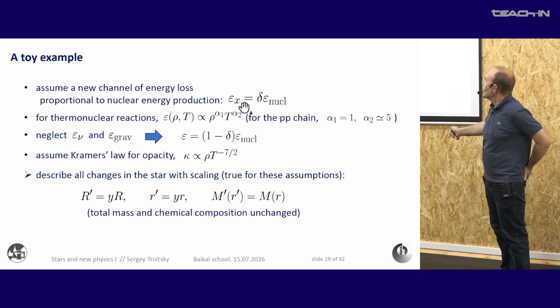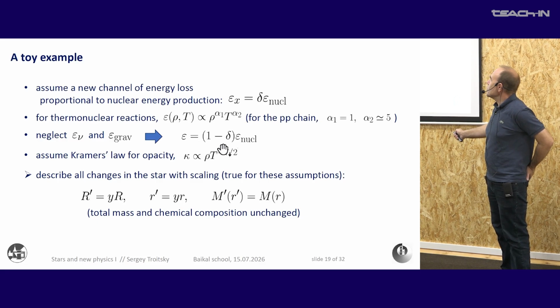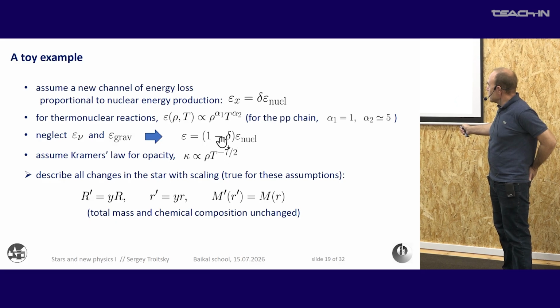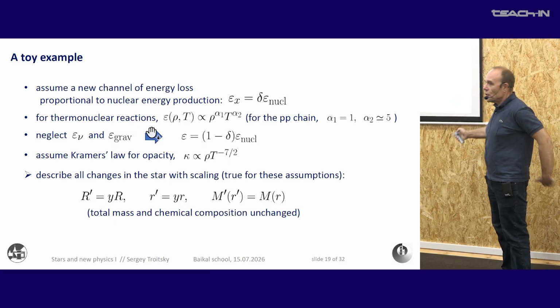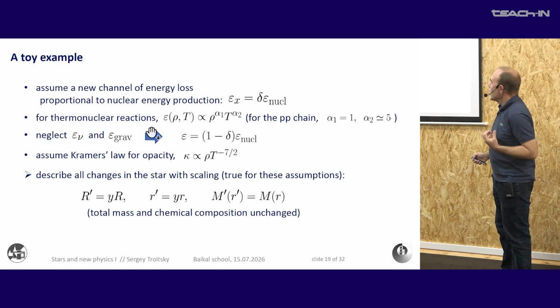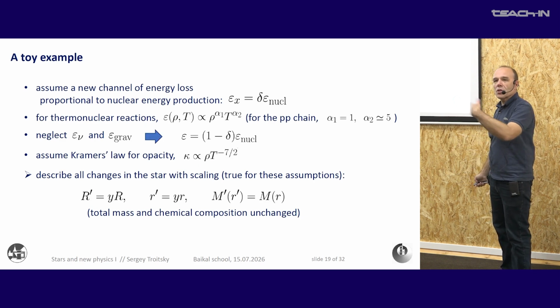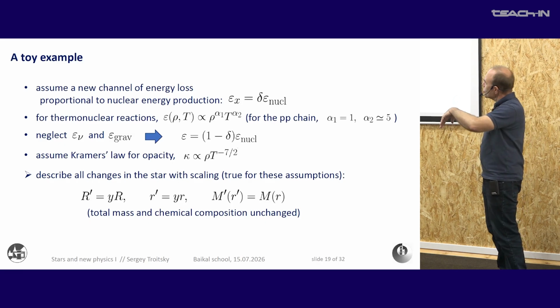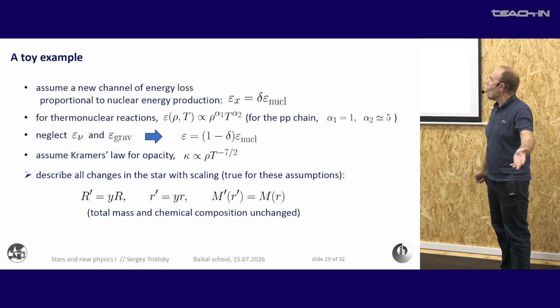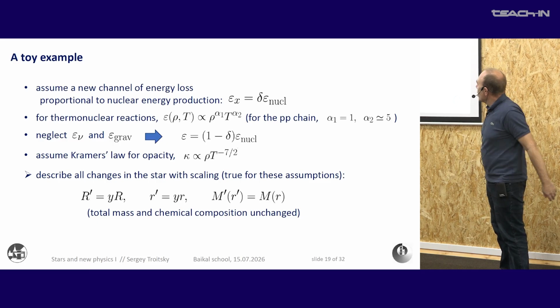So essentially, the new epsilon is just a modification of the nuclear energy production by some coefficient which decreases it. And I neglect neutrino energy losses and gravitational energy losses. I assume Kramers' law, which we know is very good.